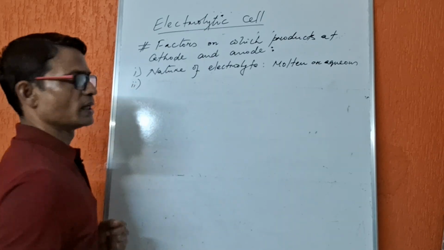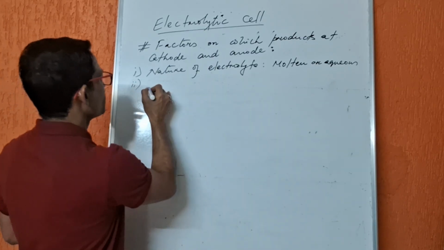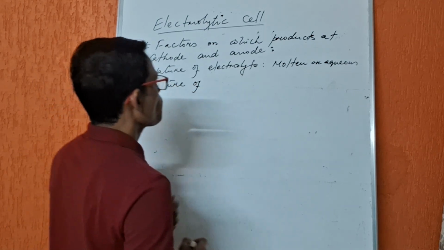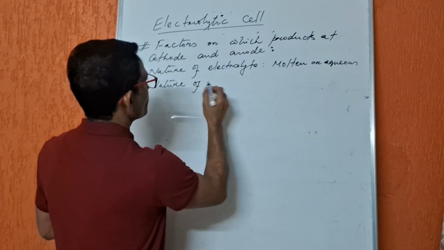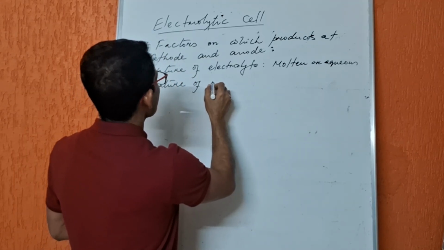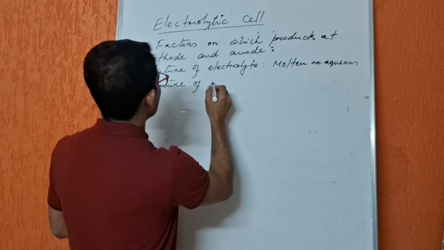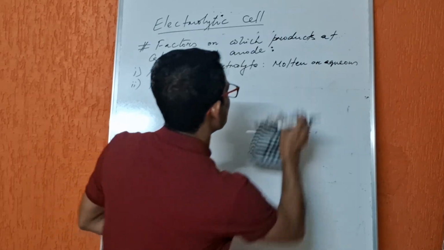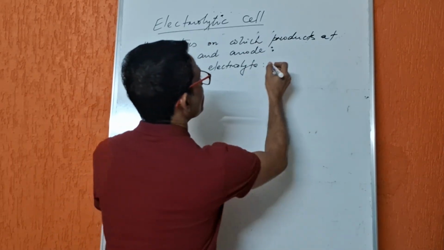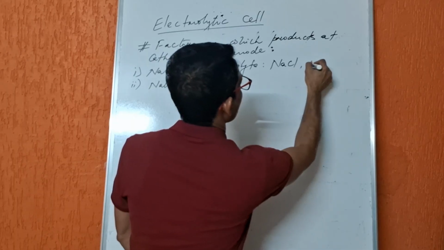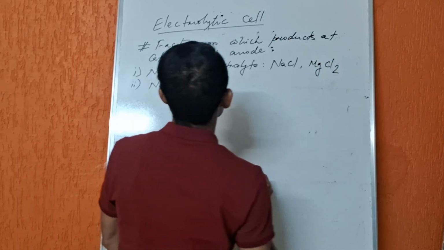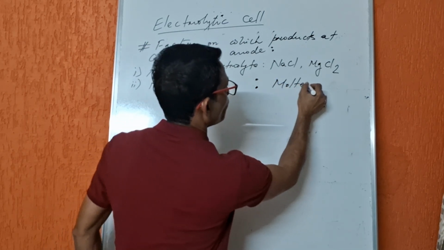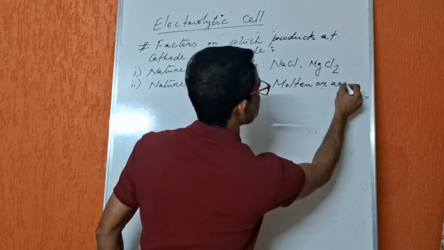Second point, nature of electrolyte, that means suppose Na plus, Mg 2 plus, Cl minus, it may be molten or may be aqueous.